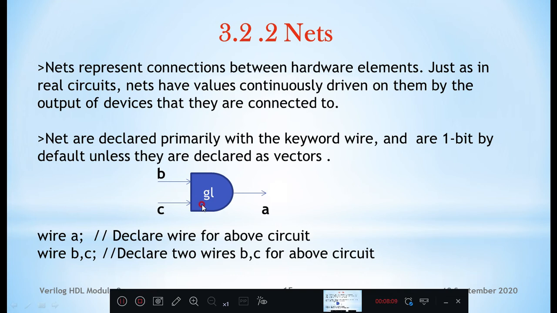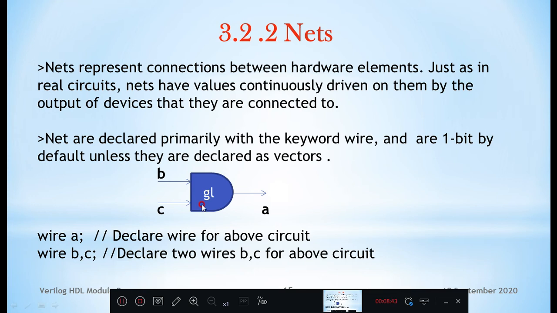Don't get confused with the module declaration where we have defined inputs and outputs with the keywords input and output. All those things which we have defined as input and output can be defined as wire also. But the general tendency is, since we need to have port signals connected with other modules also, in the module declaration we write input and output so that those ports can be linked with the other level, lower level or higher level module.